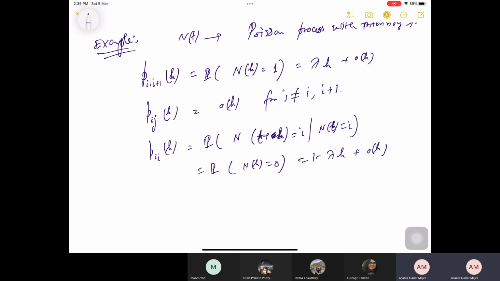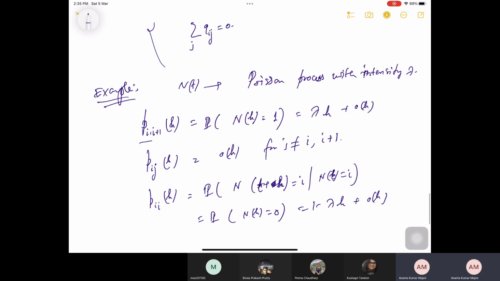In this way, actually, we have defined it there. Two ways of defining your Poisson process. So from here what you will see: Pii equal to 1 minus lambda h plus o of h, Pij of h for j not equal to i, i plus 1 is order of h, and then Pi,i+1 is equal to lambda h plus order of h.